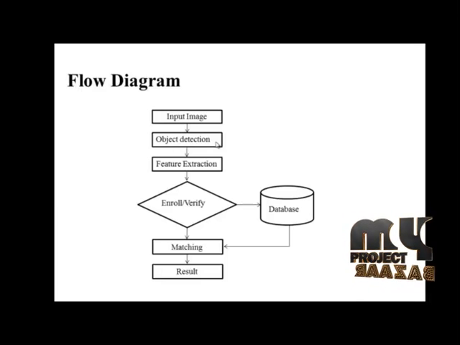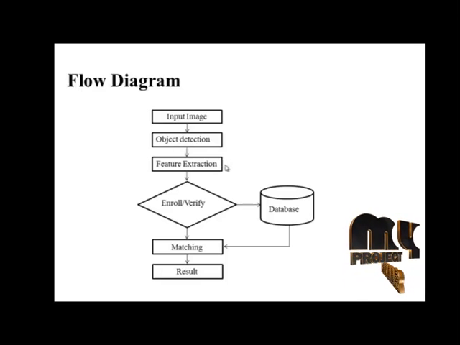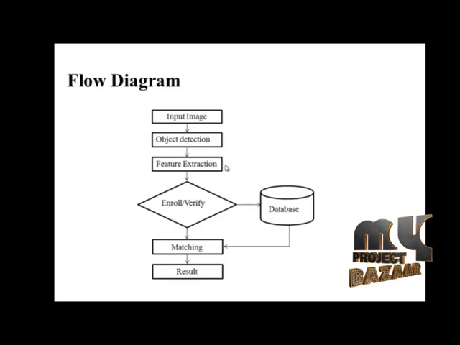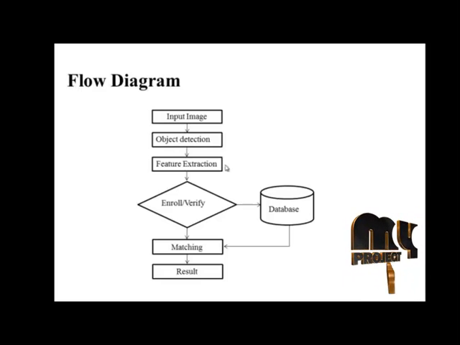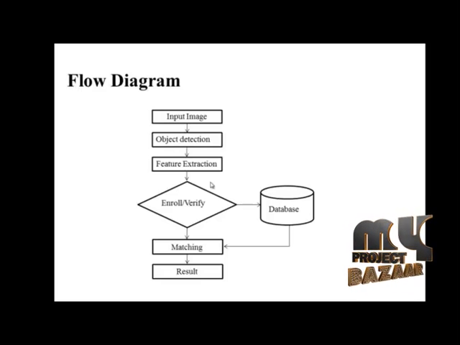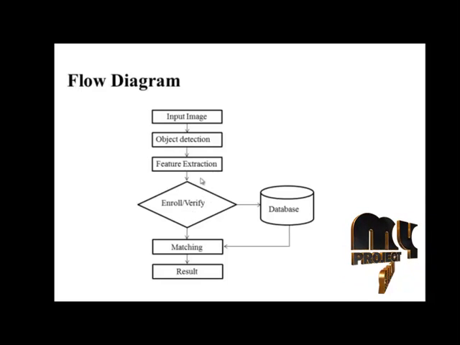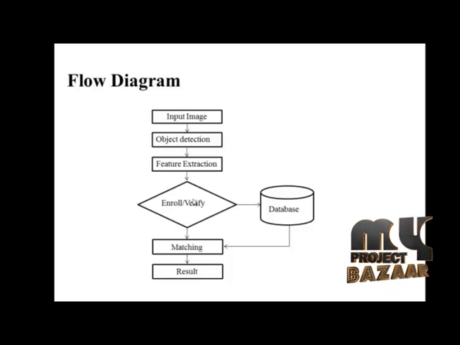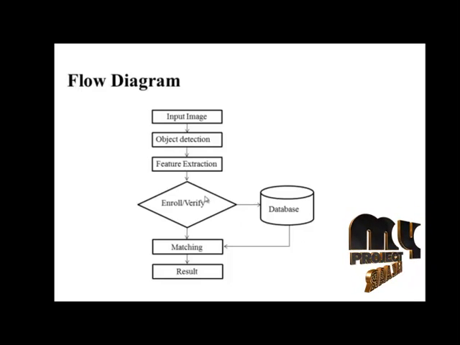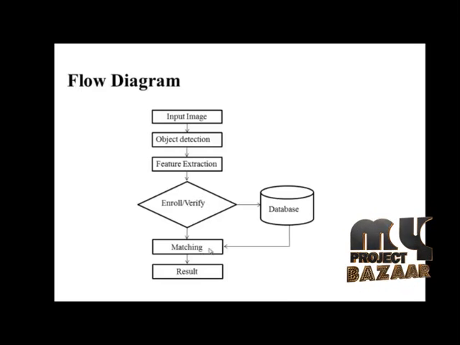Then the detected object is passed to the feature extraction. So the image is detected as an object, then the object is extracted as feature values. Then that is the enroll or verify part. In this part, the feature extraction values are taken and compared with the database. With the database and the current image values, the matching is performed.